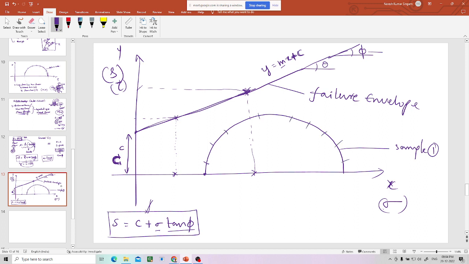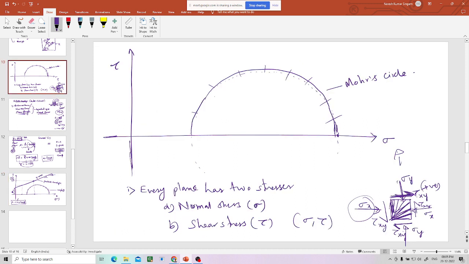Now what can you tell? Every combination of stress, every point you take, is well within this failure envelope. That means the soil sample will not fail. When you are increasing the stresses on the soil sample, let us say sigma y is increased and sigma x is also increased, the stresses on every plane will increase.